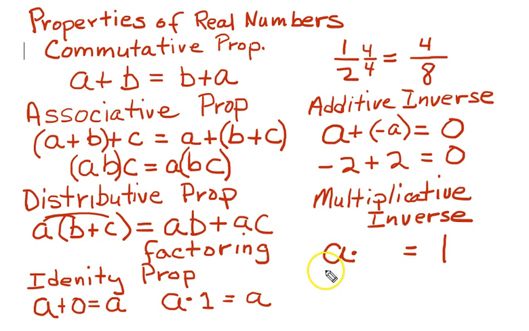Well, remember, every number is over 1, and if we take it in this form and flip it, we get 1 over A, and the second item here is the reciprocal of this. The end result is 1. So multiplying any number by its multiplicative inverse, which is its reciprocal, you end up with a positive 1.